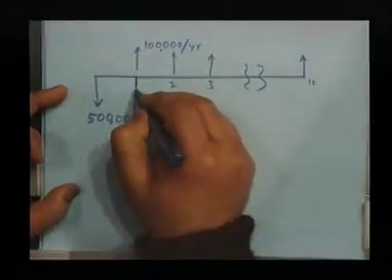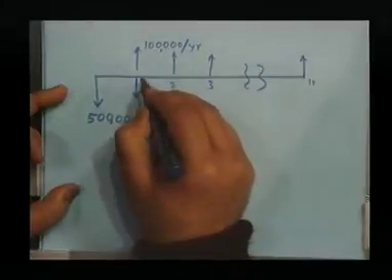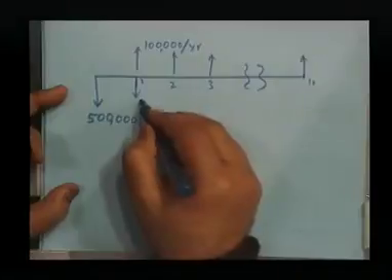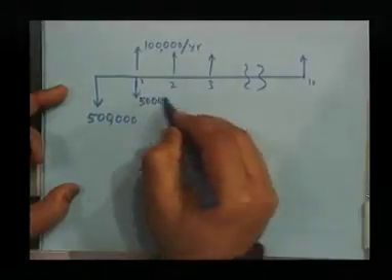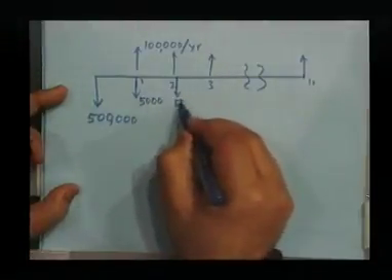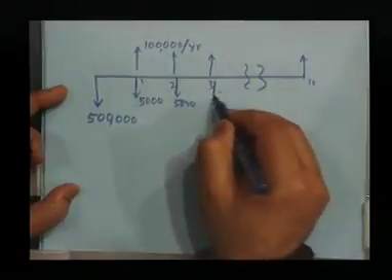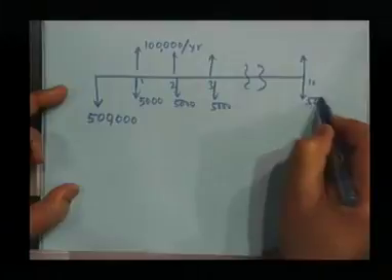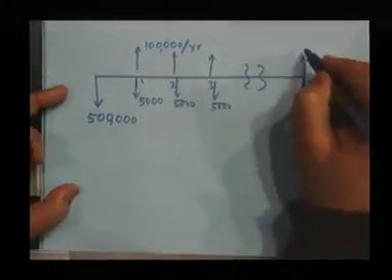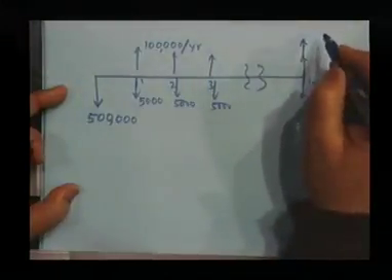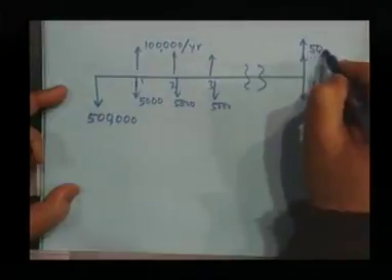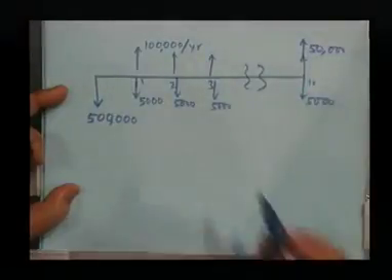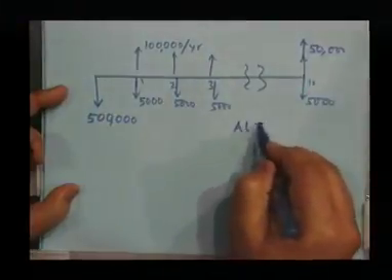Now, your outgoings are also known to you. It is 5,000, 5,000, 5,000, so on. And in addition to this, you have a salvage value equal to 50,000. This is for alternative 1.